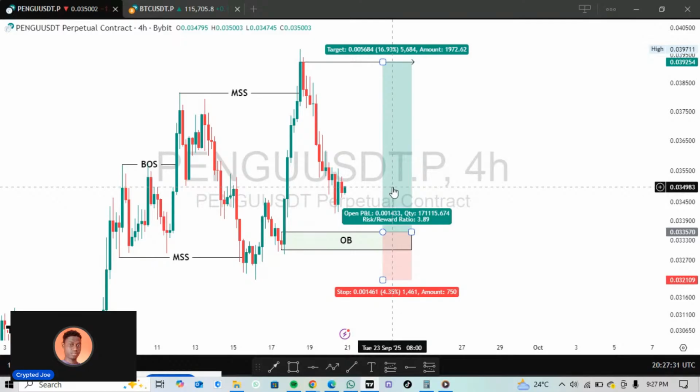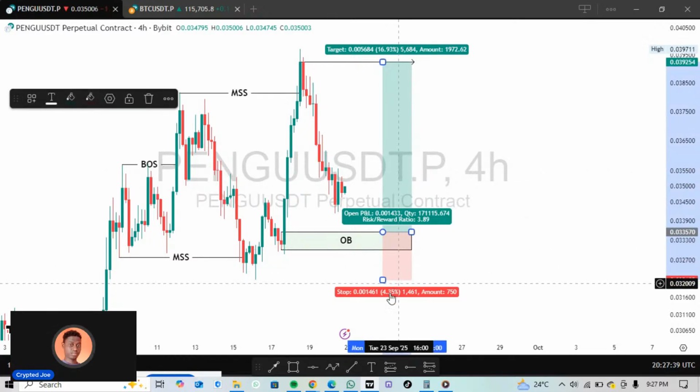Then the second percentage is the stop loss percentage on your analysis on TradingView. So for a $100 account, I know the 5% already at the back of my mind, that on all stop loss I should be losing 5%, which is $5. In a $200 account, I should be losing 5%, which is $10.